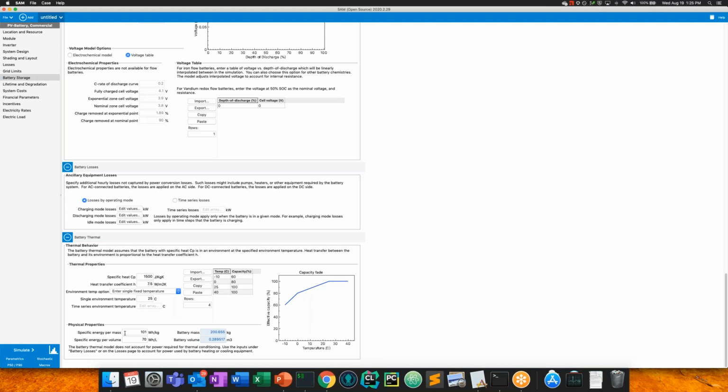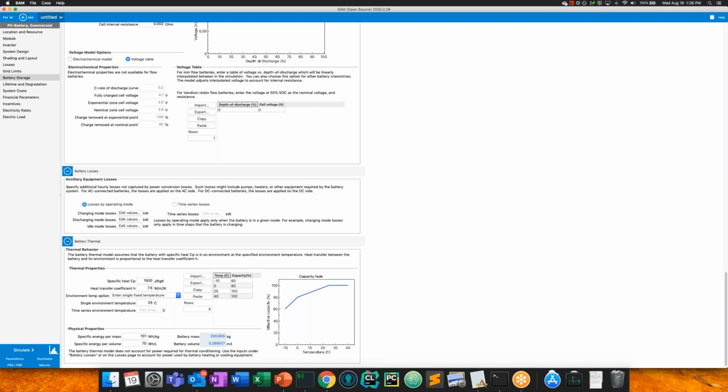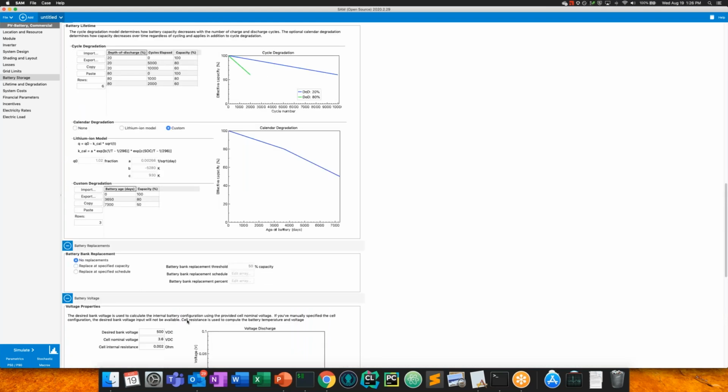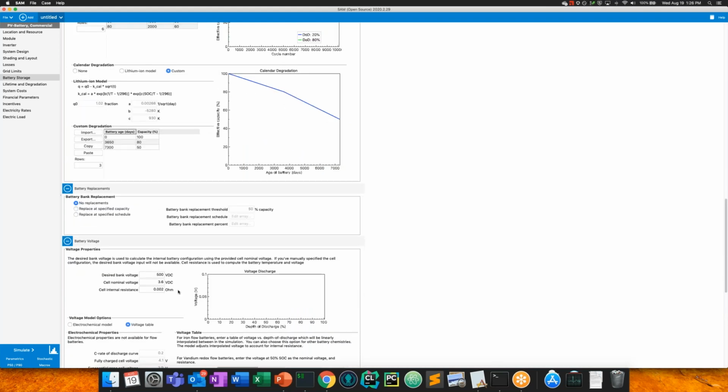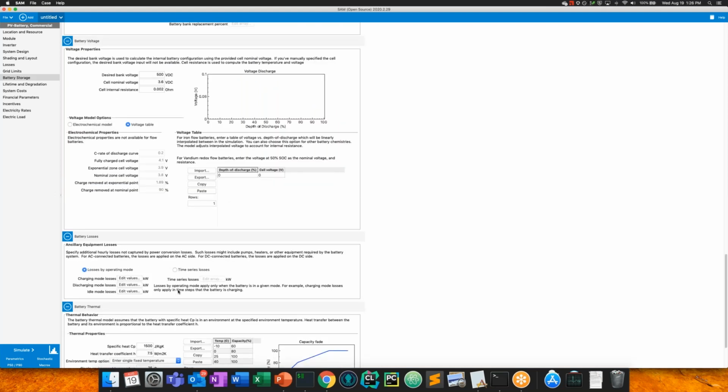You'll note here that these values are lower than you would find for NMC graphite cells. And again, this is because we are modeling the battery system, which takes up more space than just cells stacked on top of each other. And again, the resistance is another parameter to the thermal model, which affects how much resistive heating occurs due to the current flowing through the battery.